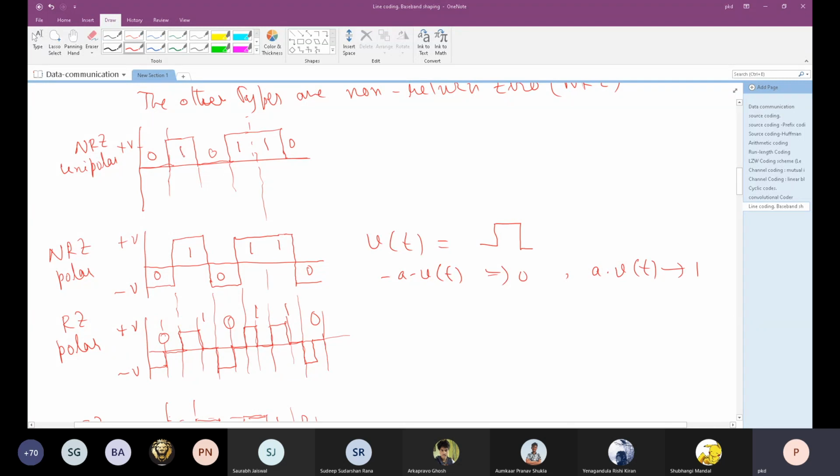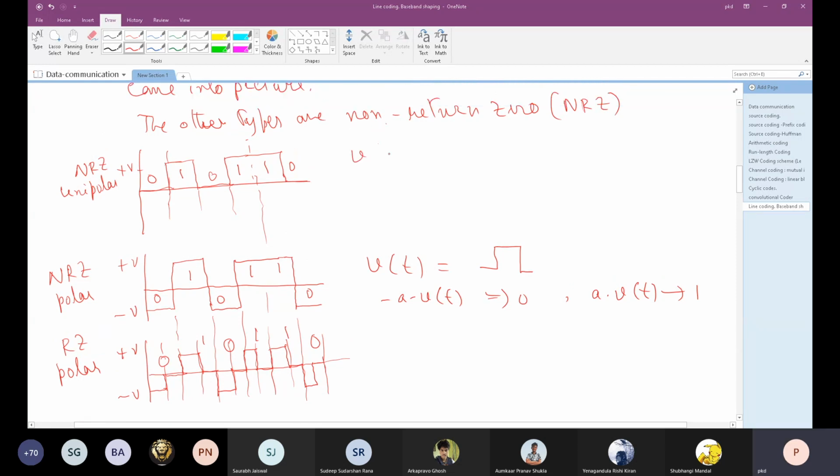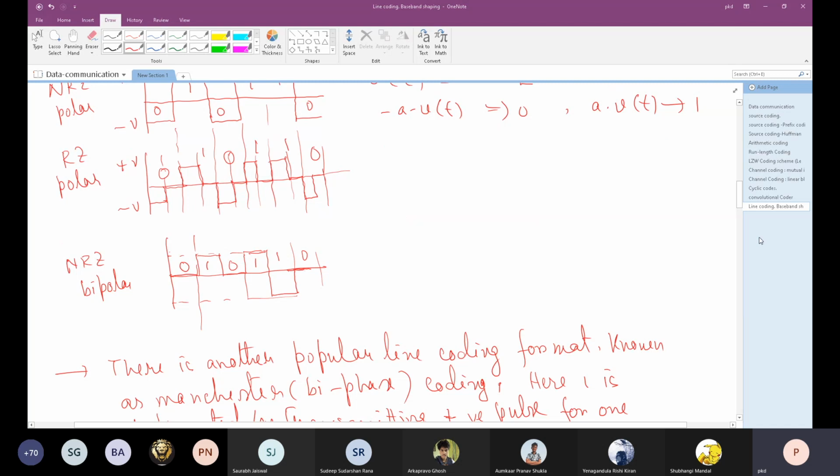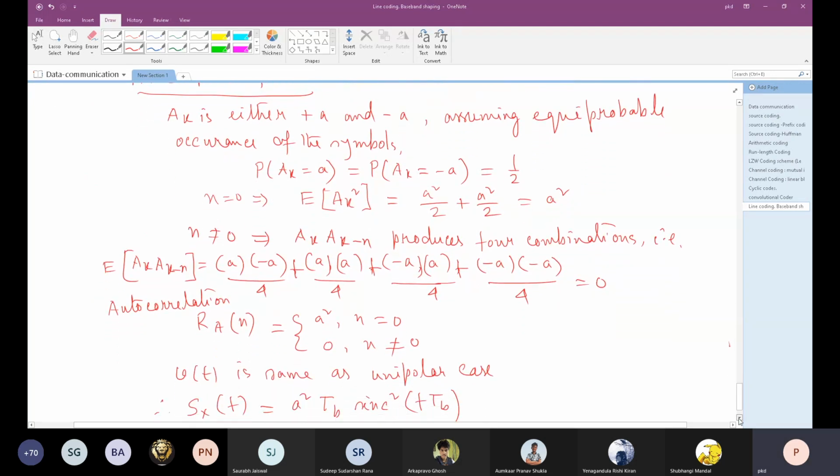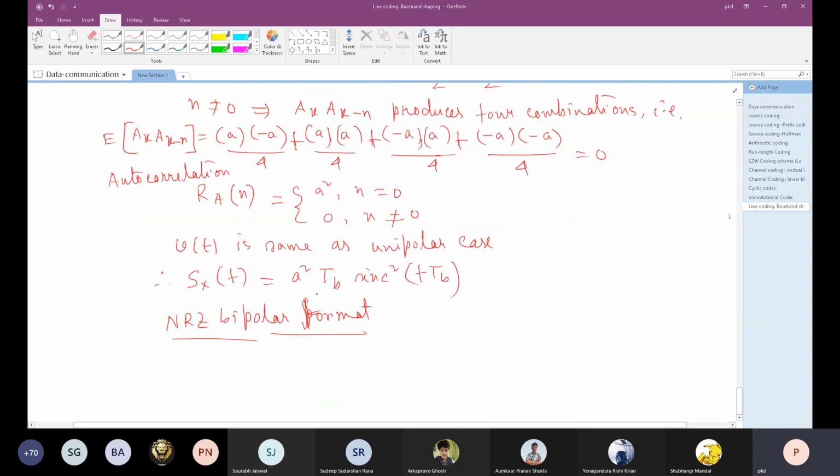In the unipolar case, 0 into v(t) gives 0, and A into v(t) gives 1. So the basic pulse shape is the same rectangular type, and therefore the Fourier transform is the same sinc function having the time period of T_b.